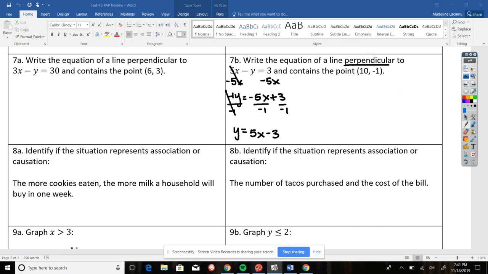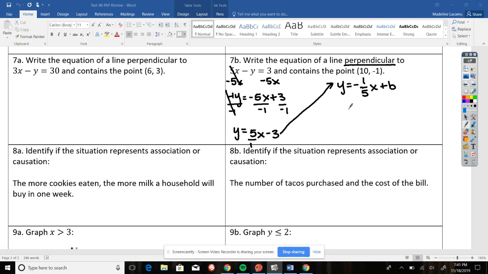But since it wants something perpendicular, our new slope has to be a negative. This is 5/1, so the perpendicular slope has to be -1/5. And then we have plus b.